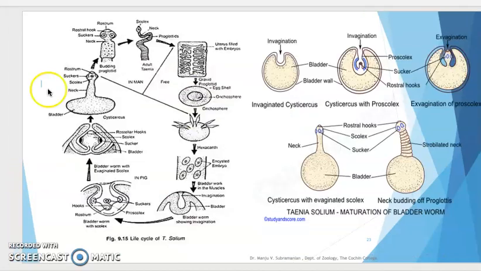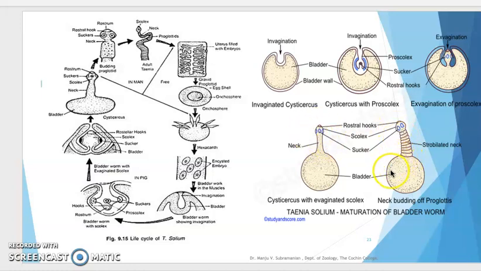Once again, let's see this with the diagram. This is the invagination which is taking place in the cysticercus, with the proglottids inverted. Then the proscolex develops, and again the evagination takes place, it comes up, and the evaginated scolex arises with all the structures of an adult scolex.